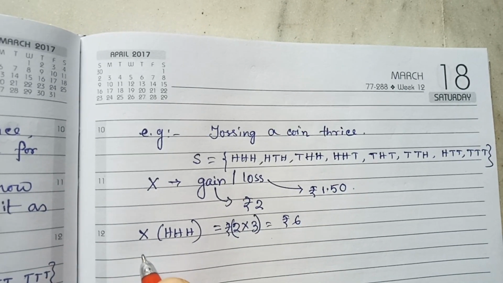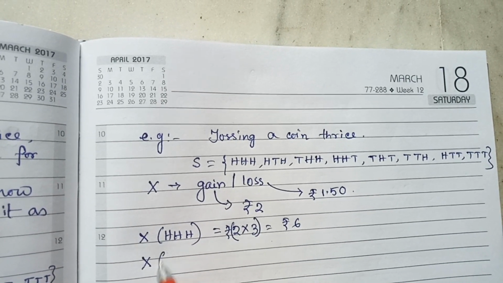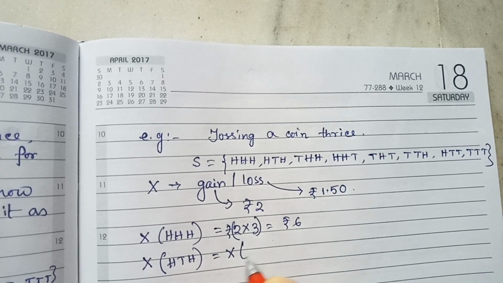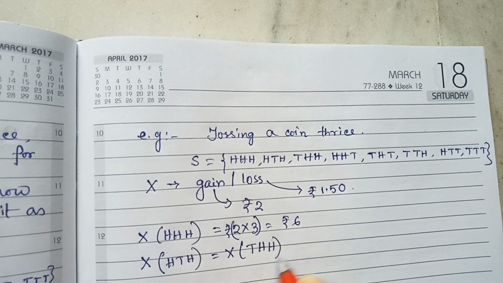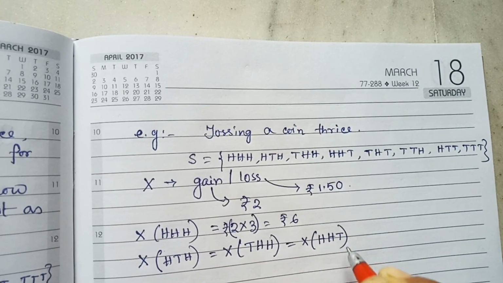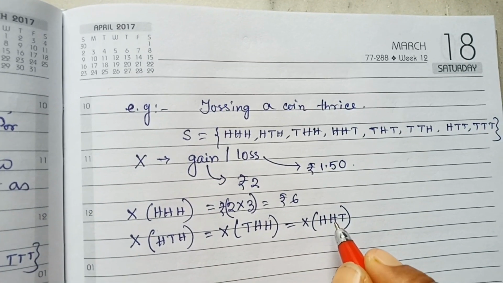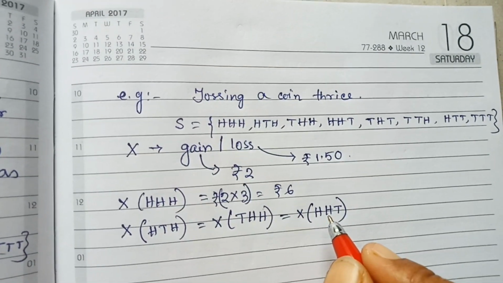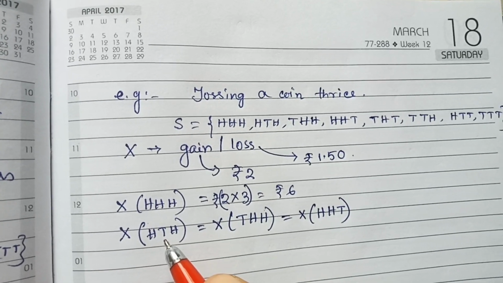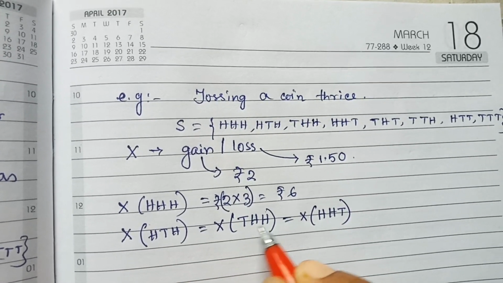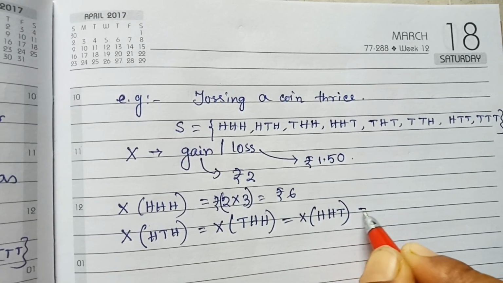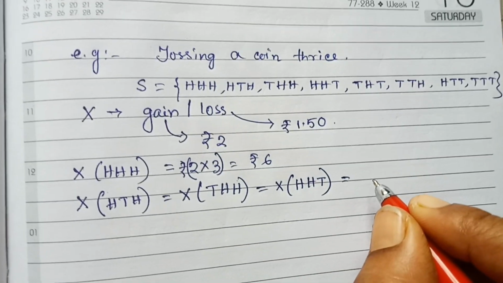Okay. Now X of HTH equals X of THH equals X of HHT. All 3 sample points have 2 heads and 1 tail. So ultimately their amount will be equal.